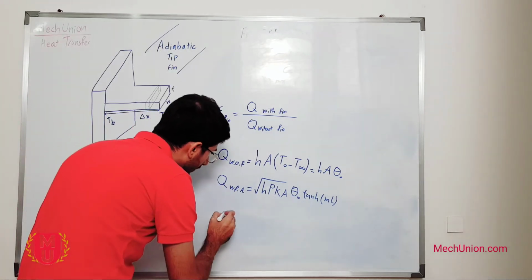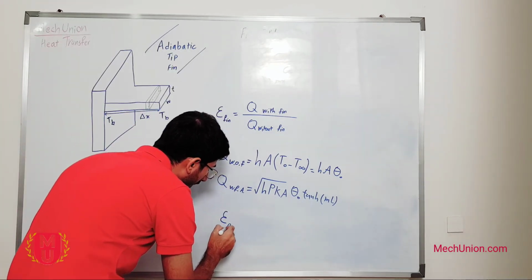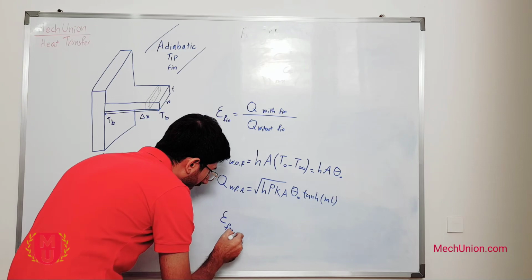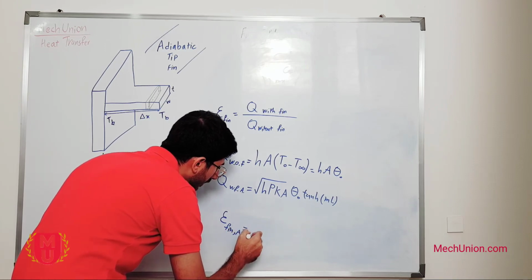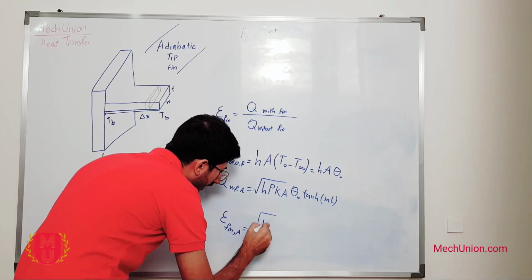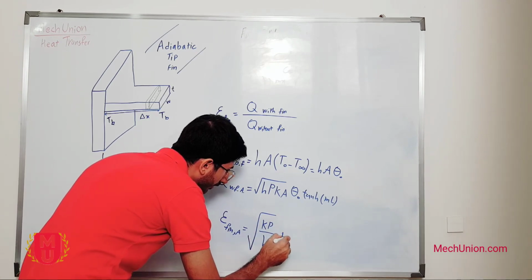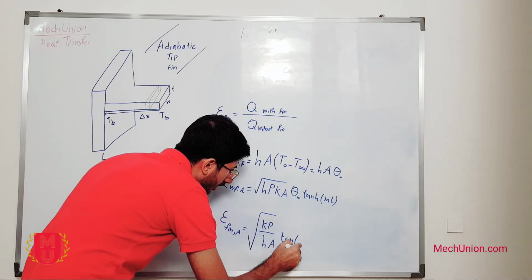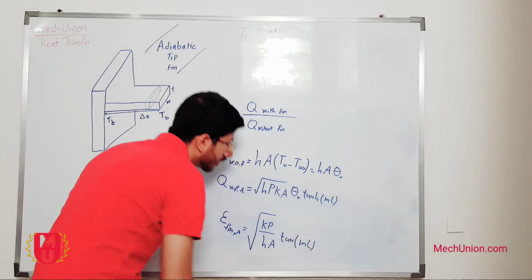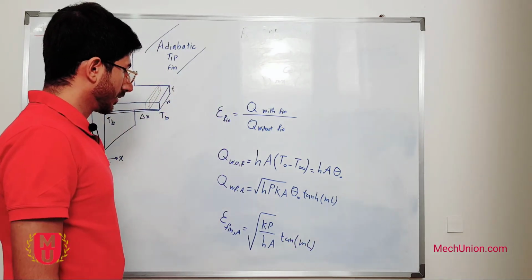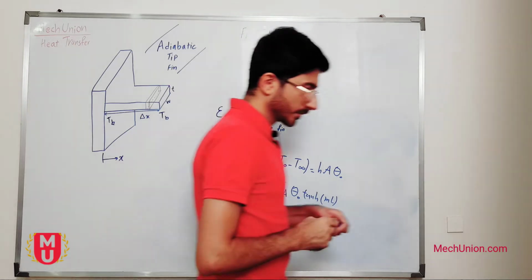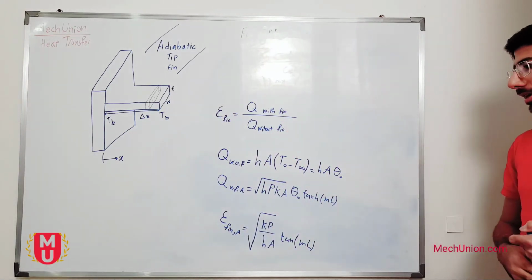And if we substitute to our main formula, epsilon of fin, adiabatic, will be square root of Kp over hA times hyperbolic tangent of mL. This is our formula.